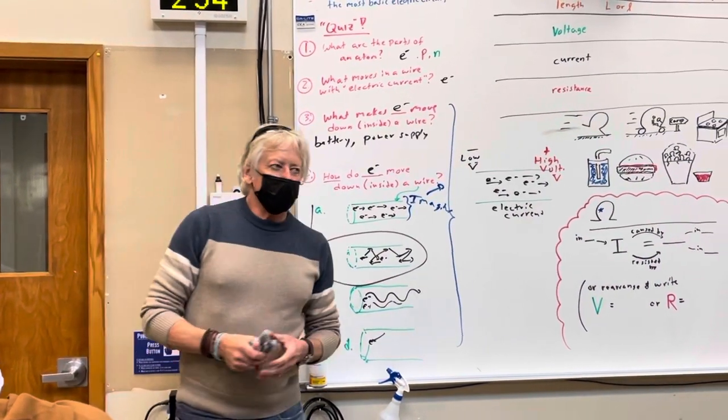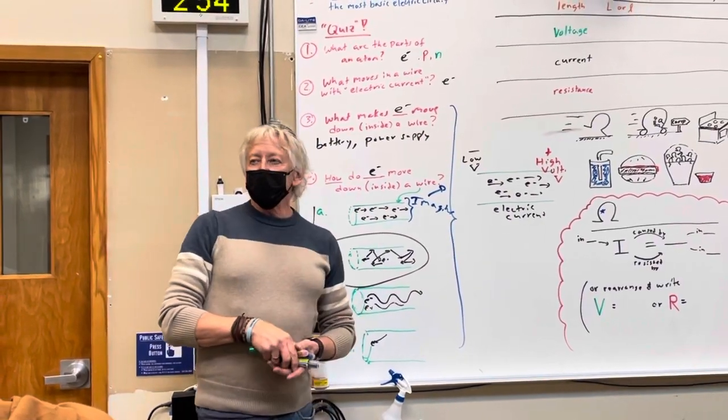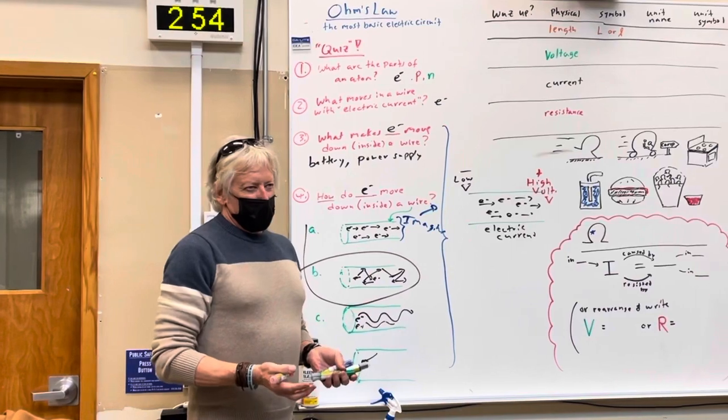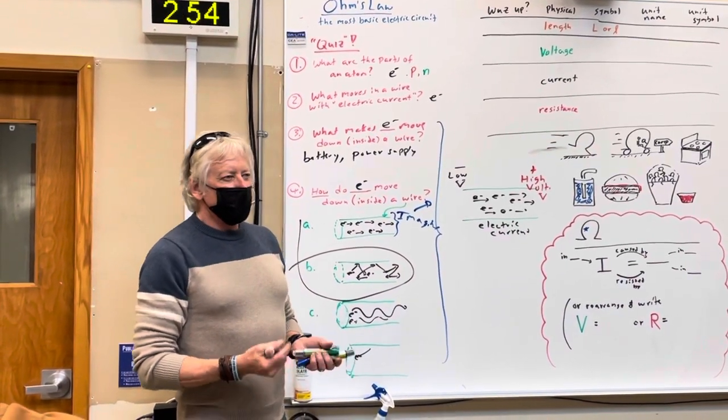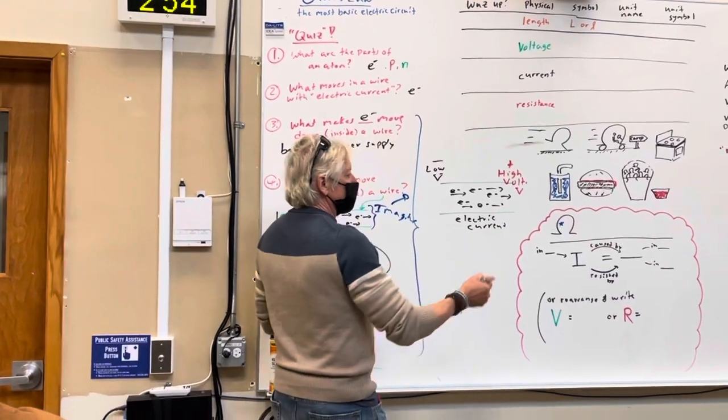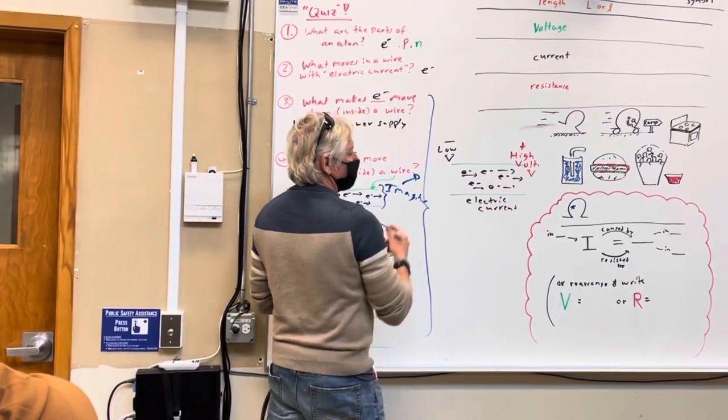Now the interesting thing, just real quick, when you do the math, is that saying negatives are going to the right is the same as saying positives are going to the left.